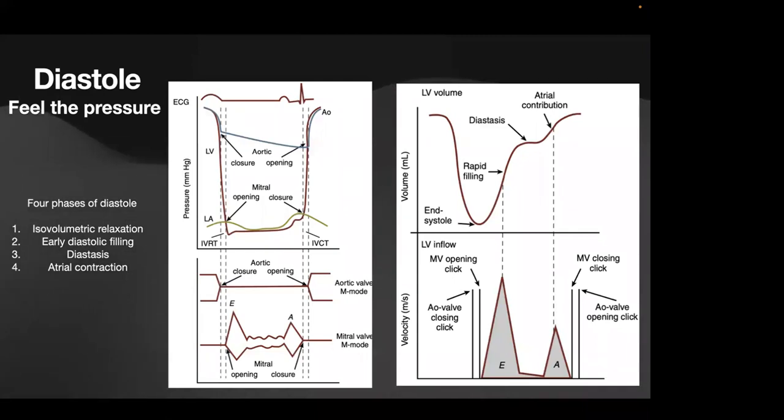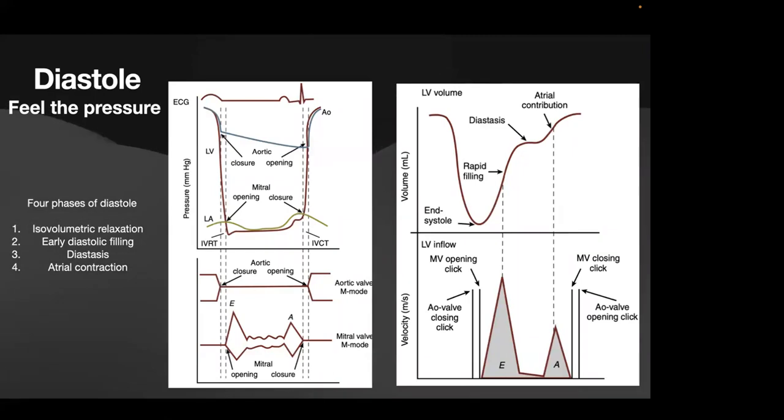Then there's the diastasis phase, which is basically a phase where there's not much change in your volume. It's a Greek word that talks about the time between two times. Then there is the atrial contribution to ventricular filling, which again is variable depending on a lot of things, including arrhythmia, LA size, etc. And lastly, there's the closing of the mitral valve, which dictates the end of diastole.